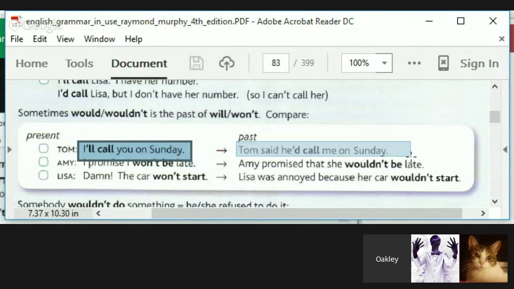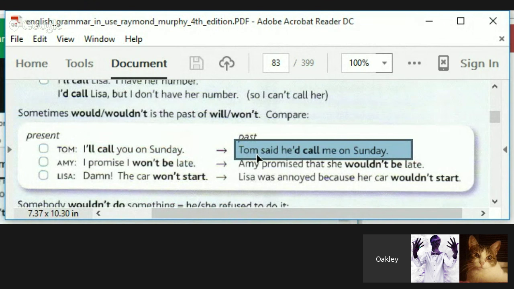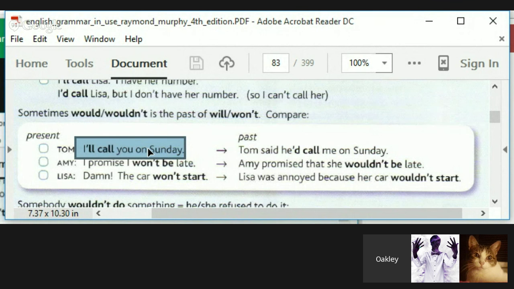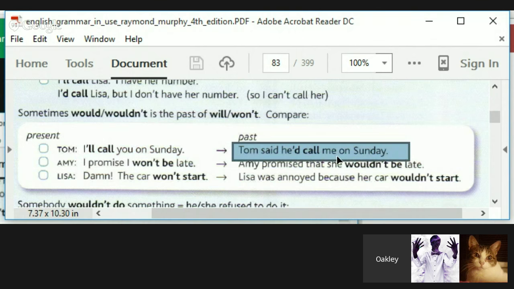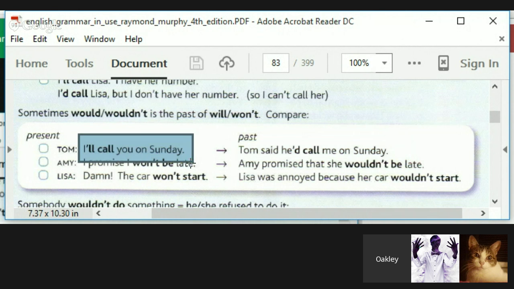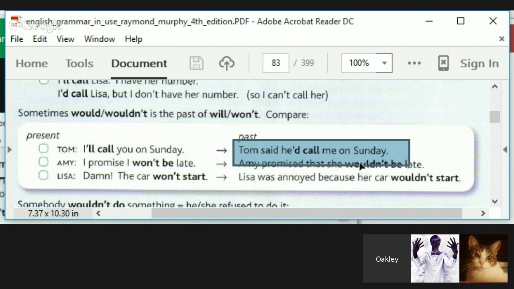Now, this is what's called reported speech. If I'm going to report to you later what Tom said earlier, Tom said he would call me on Sunday. He'd call me on Sunday. All right? So the future tense in the actual quote from somebody, when it's reported to someone else, becomes would. He said he'd call me on Sunday.